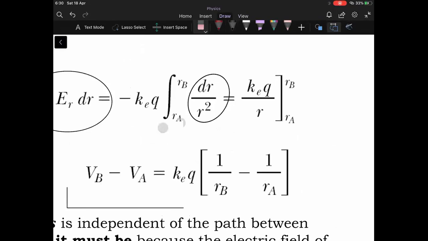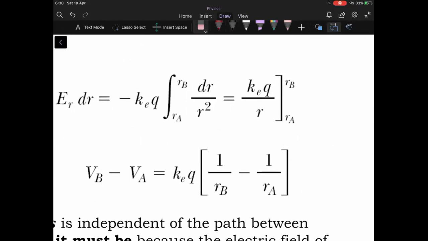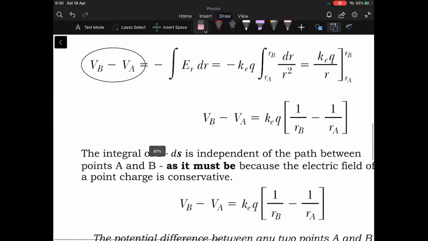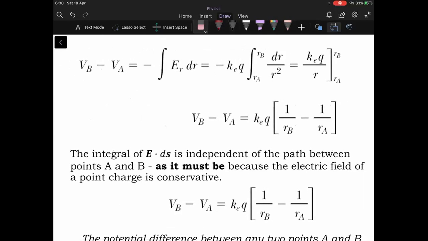Okay, now look at this expression. This expression is exactly in accordance with what we were expecting, because in this expression there is no term for the path being taken.